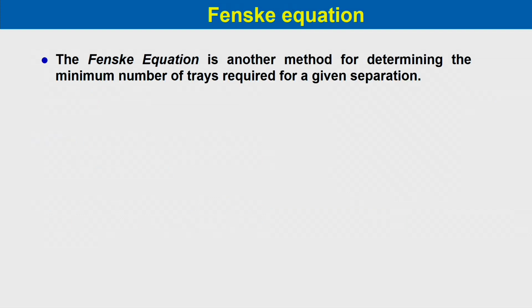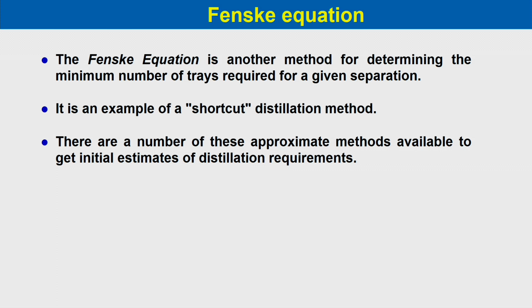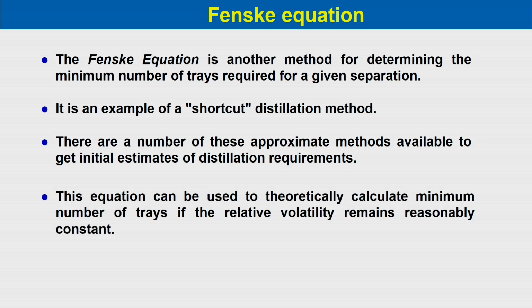Now, we will consider the Fenske equation, another method for determining the minimum number of trays required for a given separation. This is the analytical method. It is an example of a shortcut distillation method. There are a number of these approximate methods available to get an initial estimate of distillation requirements.